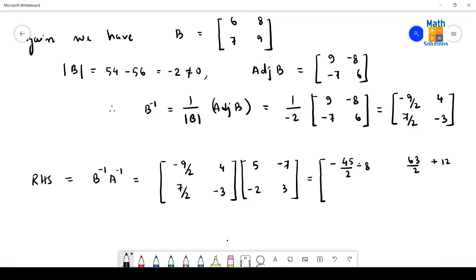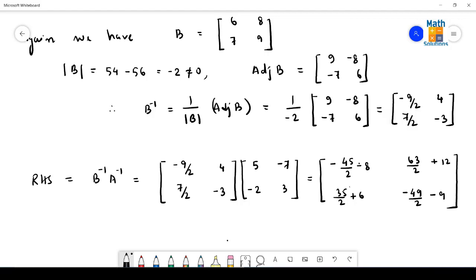In this part it will be 35 by 2 plus 6. Then in the later part minus 49 by 2 minus 9.